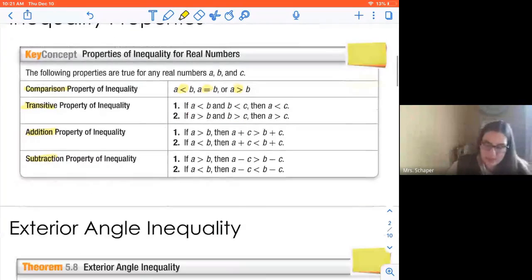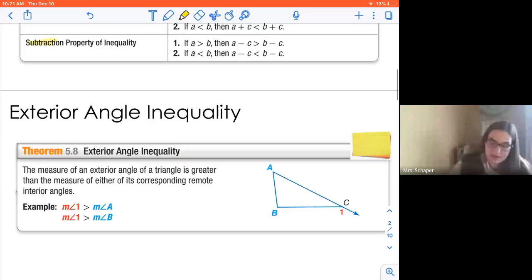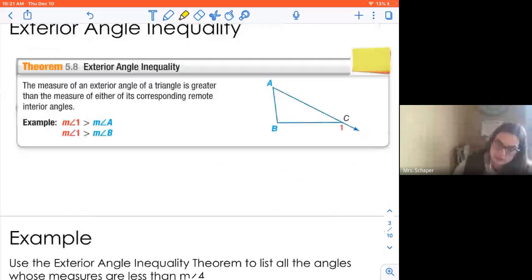Knowing those terms. The exterior angle inequality says that the measure of an exterior angle of a triangle is greater than the measure of either of its corresponding remote interior angles. This builds off of the exterior angle theorem that we talked about in chapter 4.